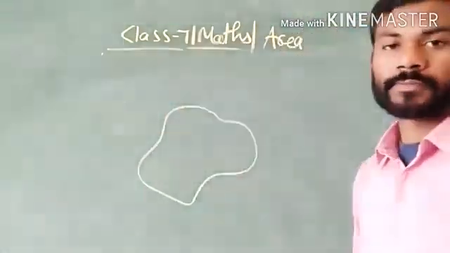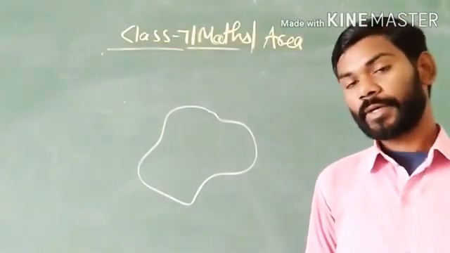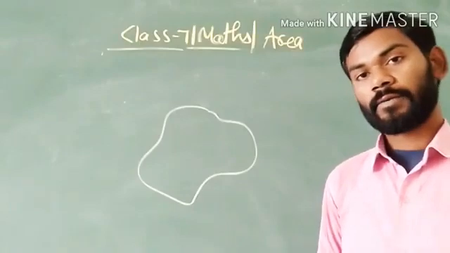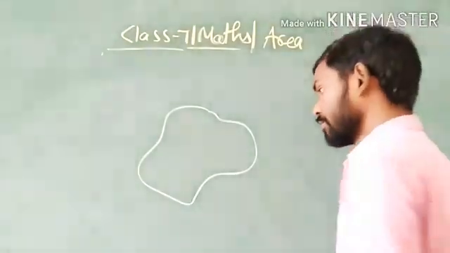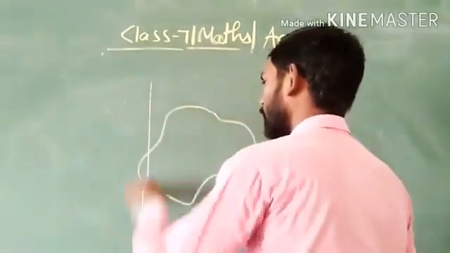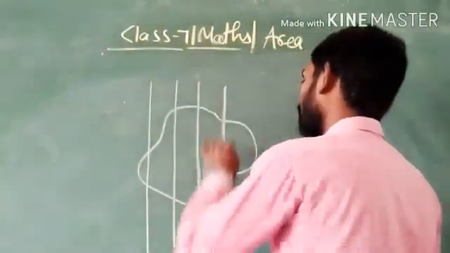Just suppose that this is an irregular figure, and in order to get the area, we shall divide it into a number of small squares.